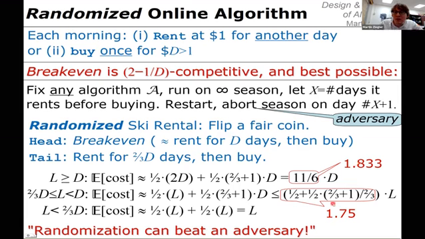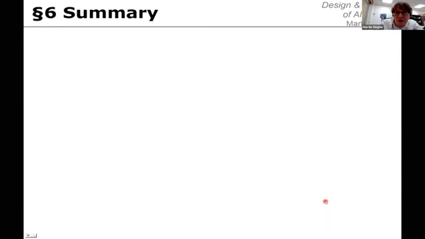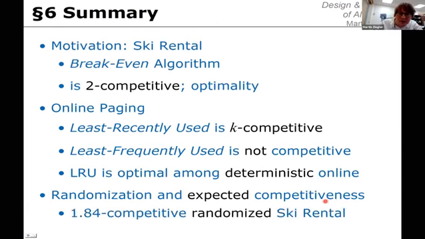Then the worst case competitive ratio in all three cases will be the same, but better than this. So there are various ways of improving it, and I think we're going to post that as a homework problem. So this is the end of chapter 6, online algorithms and competitive analysis.